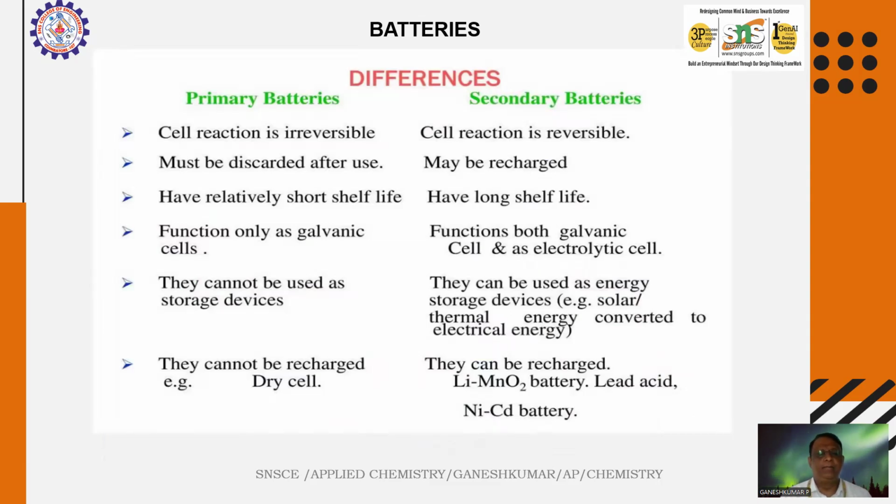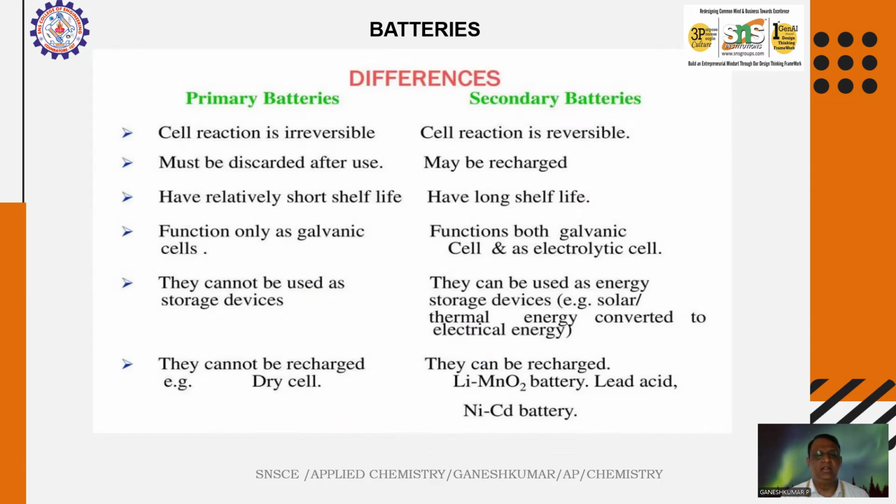Now we go for the difference between a primary battery and a secondary battery. In a primary battery the cell reaction is irreversible, and in a secondary battery the cell reaction is reversible. A primary battery must be discarded after use because it won't be useful for us, since it is non-rechargeable.